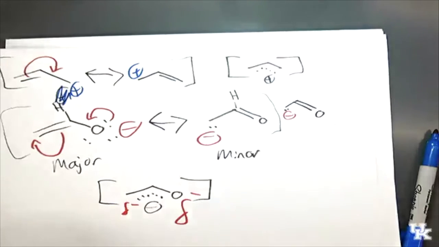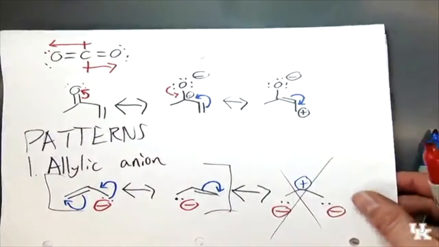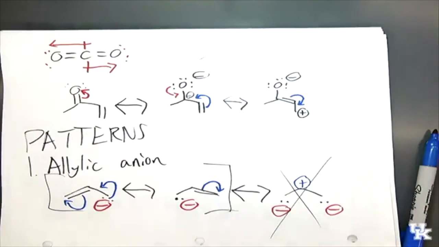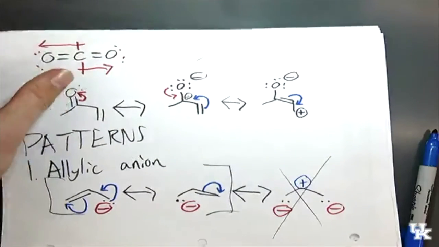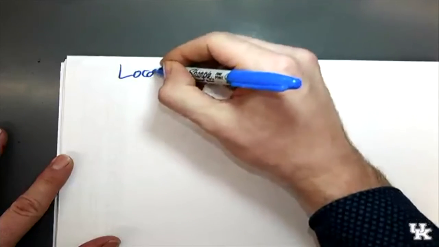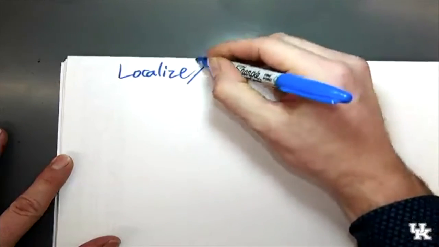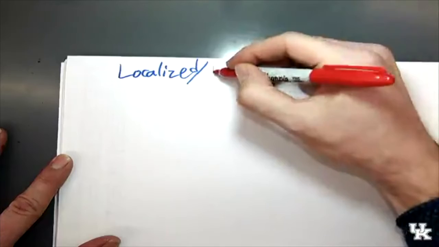We've been talking about this this whole time, because you can't have movement of pi bond electrons unless they have conjugation, unless they're next to each other. So to hammer this down, you can explicitly say whether electrons are localized or delocalized.